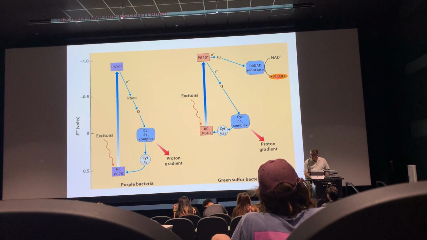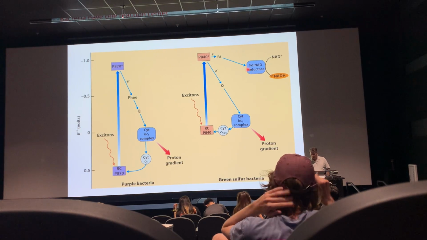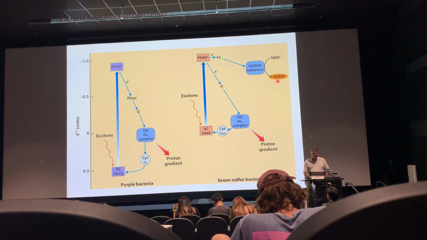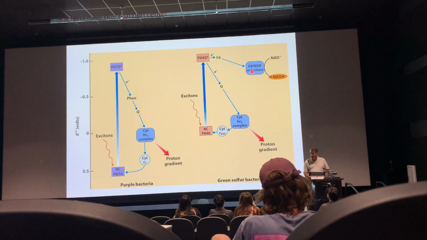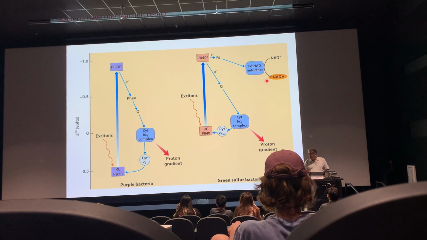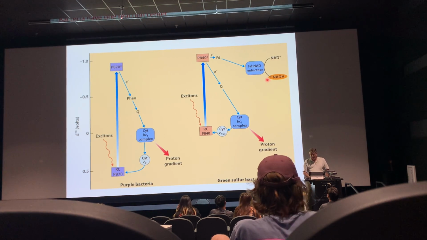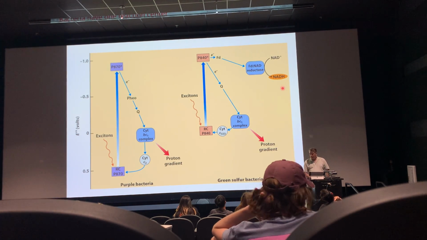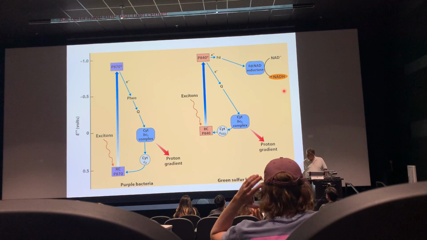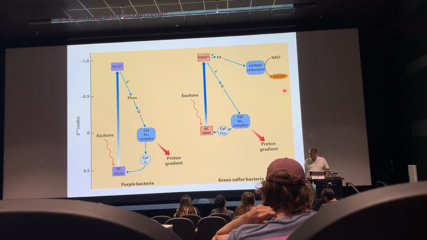Okay? So if the electron winds up on an NADH, by the way, how many electrons does one molecule of NADH hold? Two. So this process would have to happen twice to make one NADH. So the NADH can, in this bacteria, diffuse away and be used to build something. Are you okay with that?